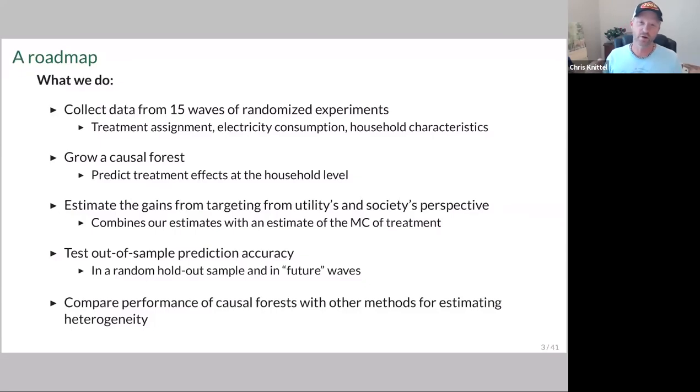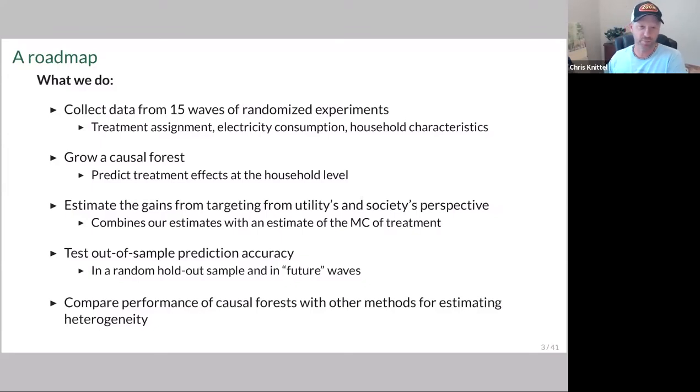That's where there's going to be a difference between the utility's perspective and society's perspective. Then we're going to show you what I show my MBAs, which are the sort of cool marginal benefits look like this, marginal costs look like that. You would maximize welfare here, but O-Power is going to be sending reports to a lot more households than what society or the utility would want to. And so that's step 1.